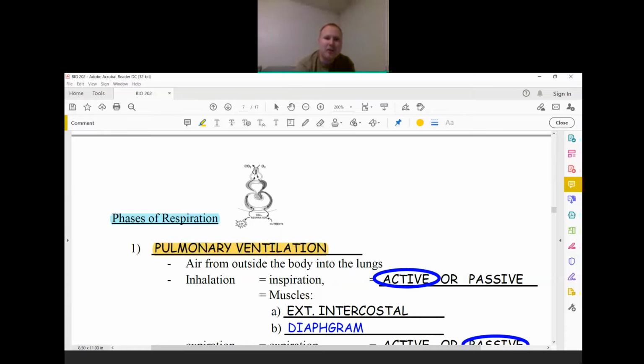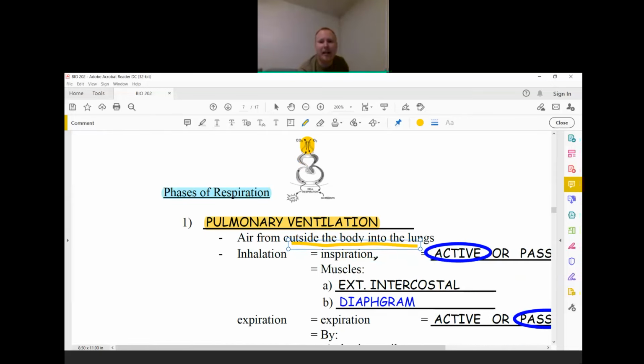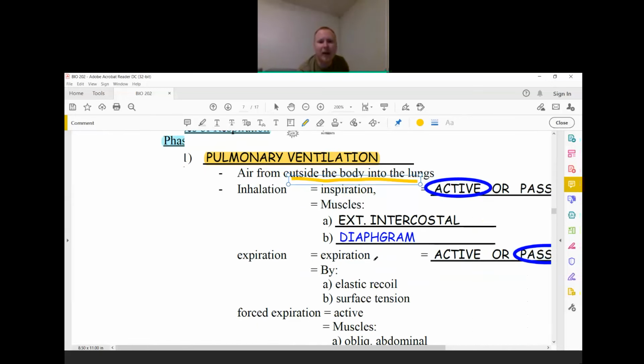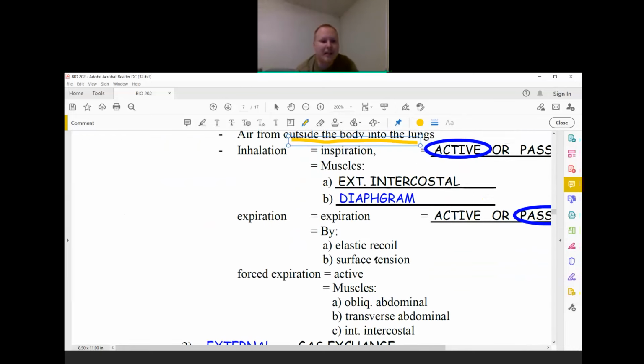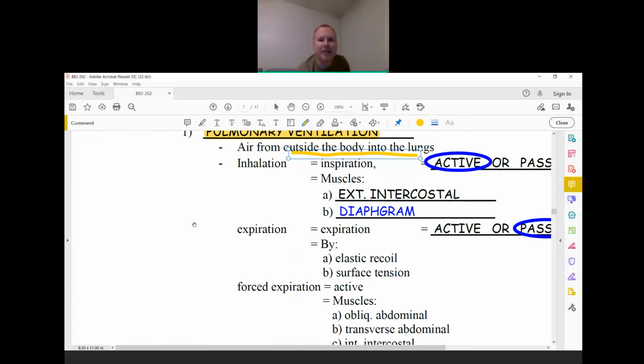Pulmonary ventilation really covers only this part, bringing the air from outside the body into the lungs and all the way to the alveoli. Let's discuss a little bit about what bringing the air in means and how that works. To discuss this, I'm going to draw a series of diagrams. They're all going to be the same.